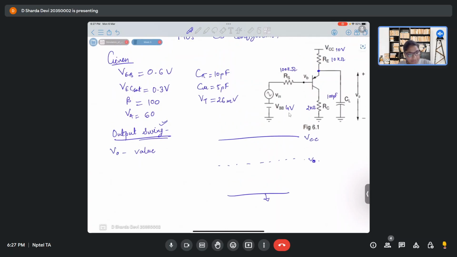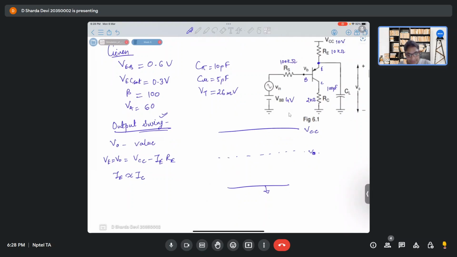V out, how will we find V out? It is VE over here, right? So how do we find VE or V out? We can find it as VCC minus IERE. Here IE is almost equal to IC. So we can write V out equal to VCC minus ICRE, as our V naught.